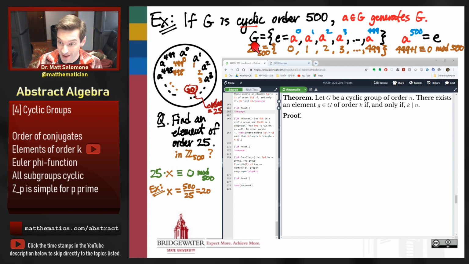So, as you might expect, if I'm looking at the number 20 in the group Z mod 500 as being an element of order 25 in this group, then the element to which it corresponds in the abstract case is going to be an element of order 25 in the abstract group. And that element is just going to be that power of A which has as its exponent the number 20. So, if I want an element in G, the element I want is A to the power 20.